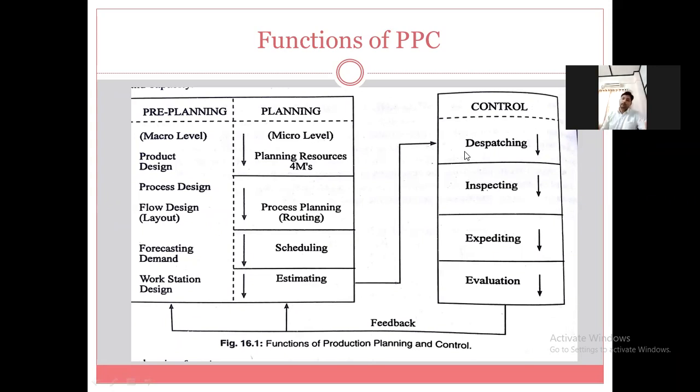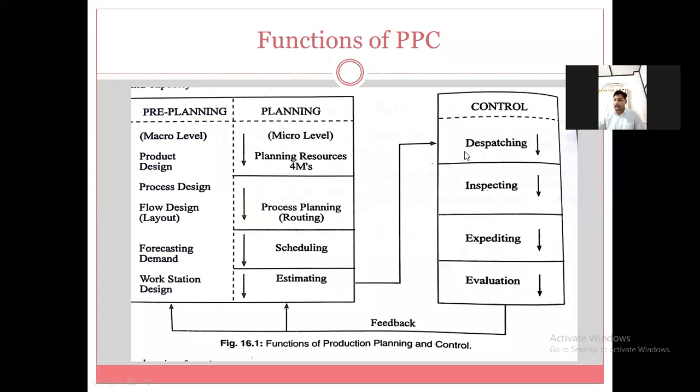After dispatching the orders and required material to the specific workstations and workers, the work will start. After the work or assignment starts, the quality of that work will be measured by the quality department. Maintaining or assuring the quality of the product is the work of the quality department.